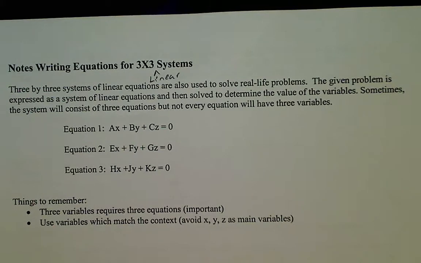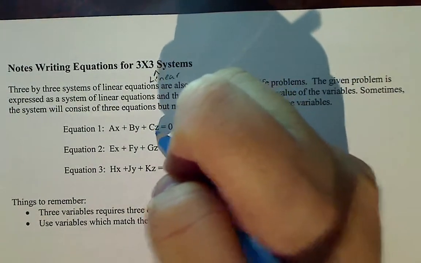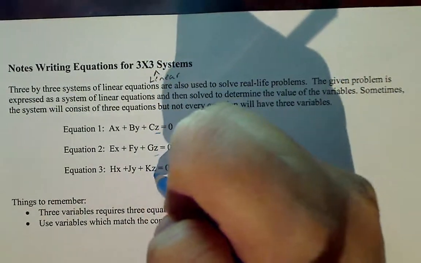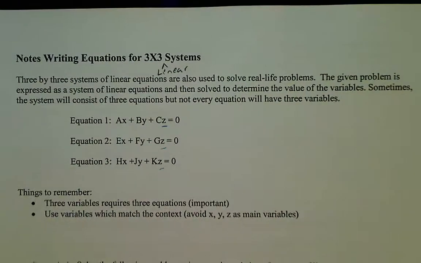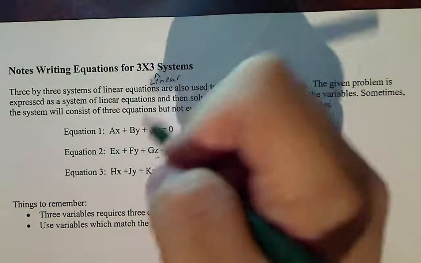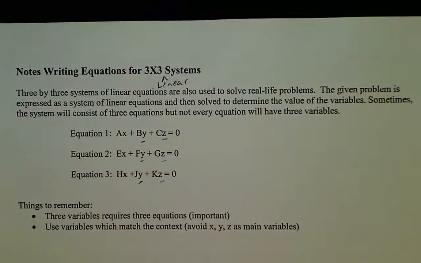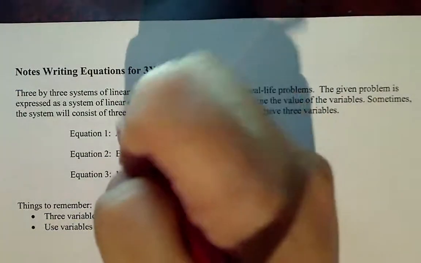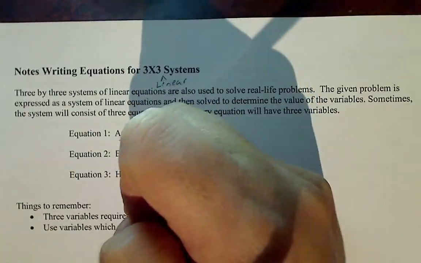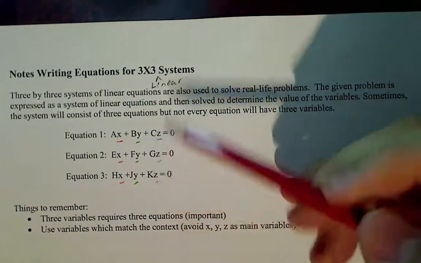And because of that, you're going to start seeing this z variable start popping up. You still have your y variable and your x variable, which is what we've been working in this whole time, x, y. But now you're going to start seeing this z variable.